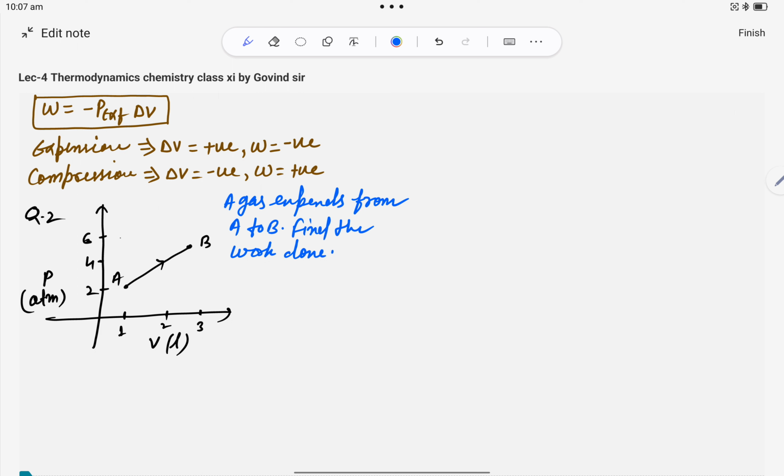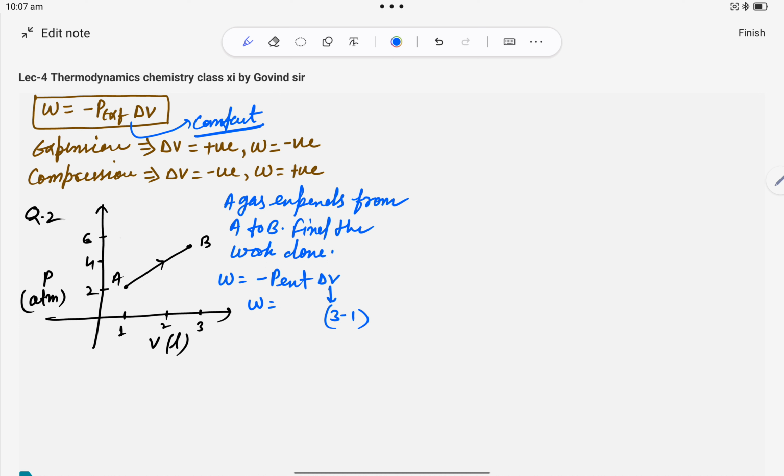So what formula? W is equal to P external delta V. So delta V you can find out, 3 minus 1, it will be 2.